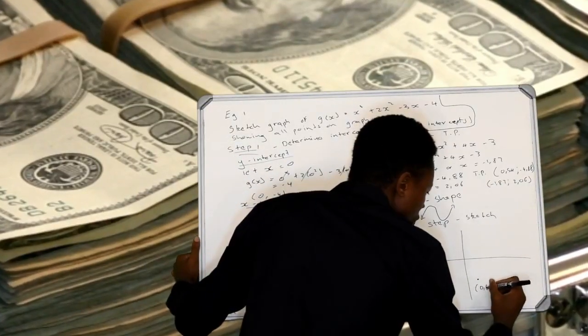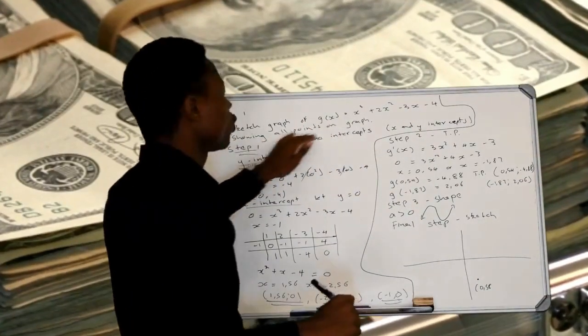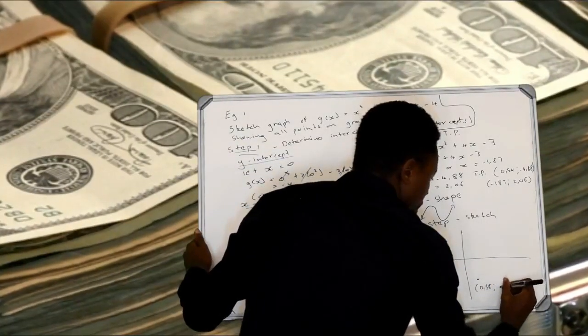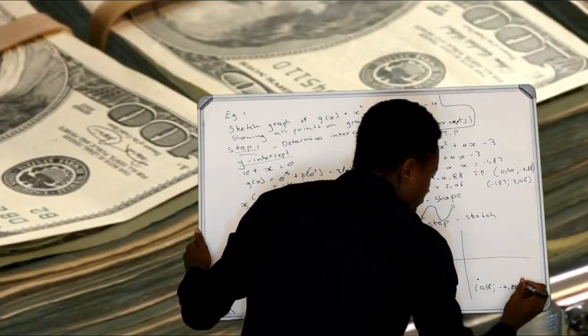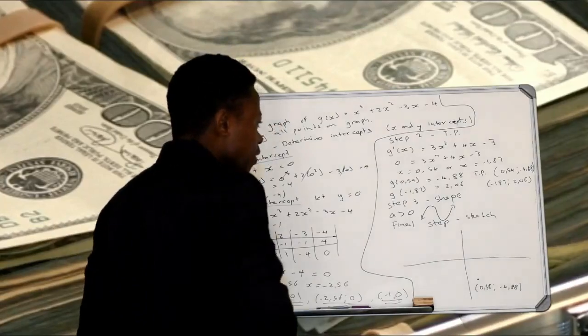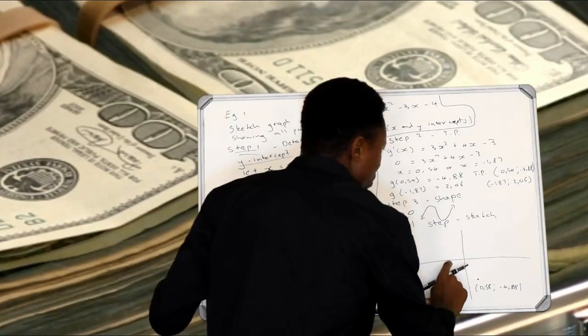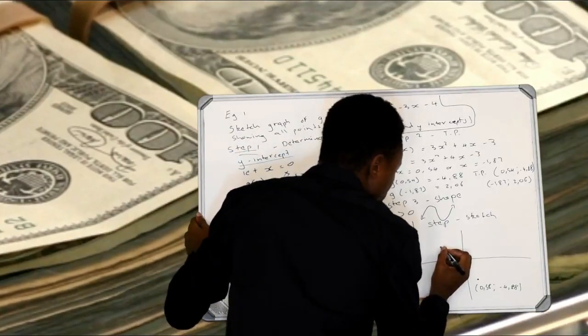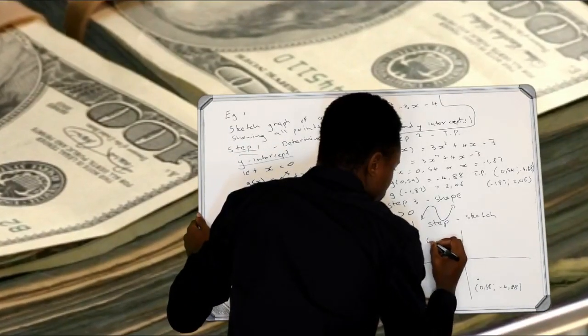You should label all of these points, because that's why it says show all points on the graph. My second turning point is negative 1.87, somewhere here, and it goes up to 2.06.